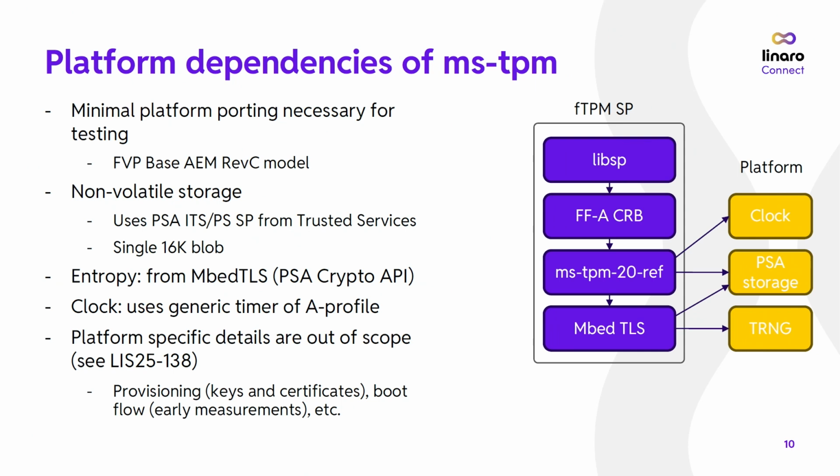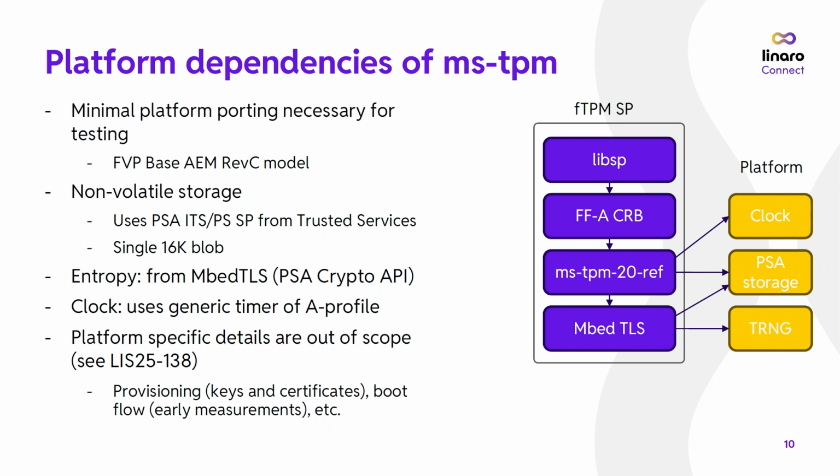For non-volatile storage, I have added a PSA storage client to MsTPM, so it can use the PSA internal trusted storage or protected storage SP from trusted services. I didn't modify the internal representation of how MsTPM handles non-volatile storage. So currently all of the data is stored as one single 16K entry. So there is some room for improvement here, definitely.